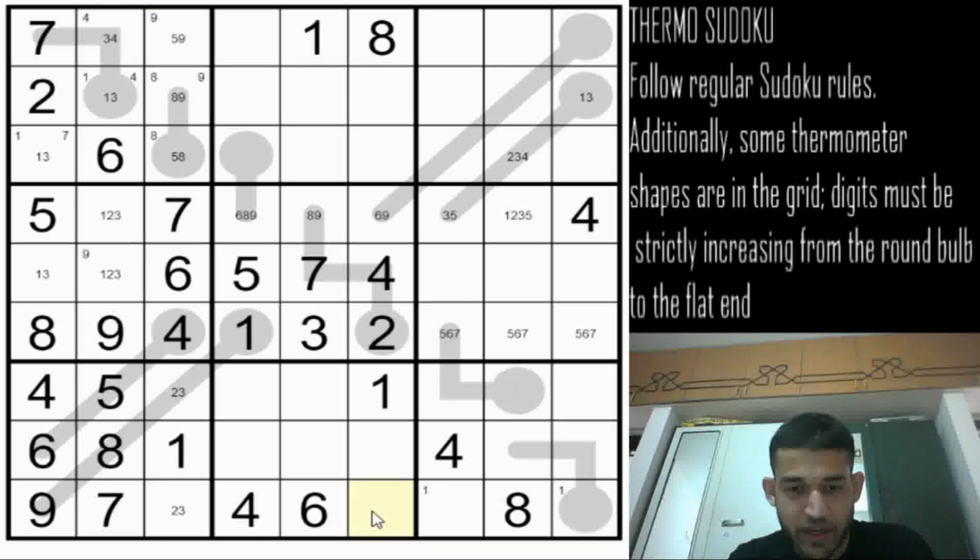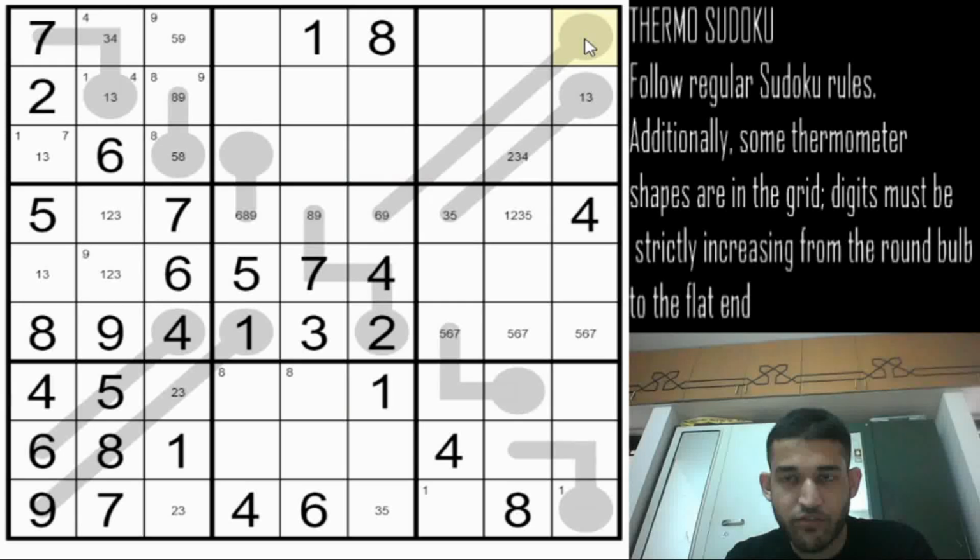Now this cell in row 9 can only be 3 or 5, and 8 is in one of these two cells in box 8. Now let's focus a little bit on this thermometer because we haven't started much on that.